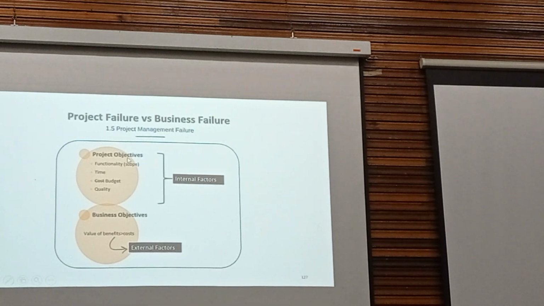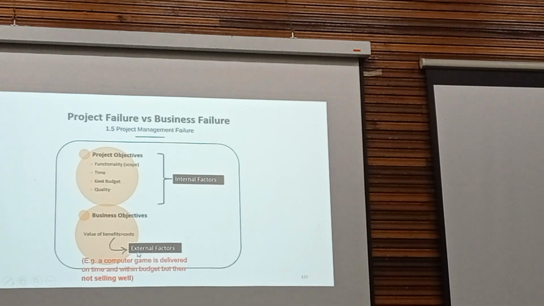So the project objective is to complete the project scope on time, within budget, and meet quality requirements. These are internal factors. Value of benefit greater than cost, for example, a computer game delivered on time within budget but not selling well, is the business objective.